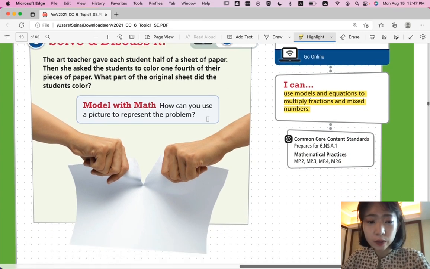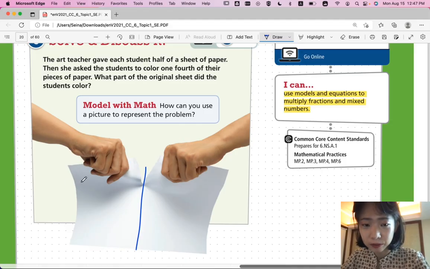So, if we look at this picture, we see a paper. This is the original paper. So if the art teacher gave each student half of a sheet of paper, she cuts this in half, and then all the students will have half of the original, right? And then she's asking the students to color 1/4 of their pieces of paper.